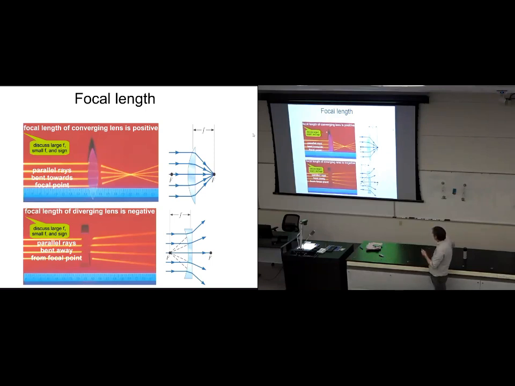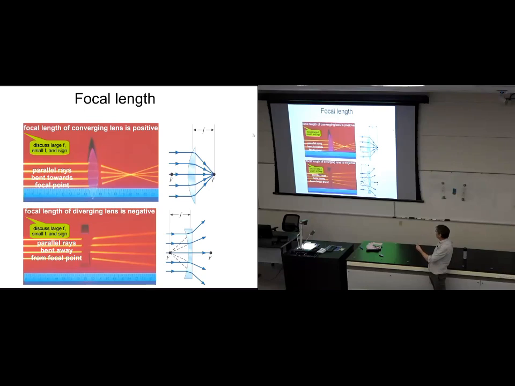Upstairs on this top row is a picture of light rays in yellow here striking a converging lens. Remember, it's thicker in the middle. And that converging lens will converge the light rays, so bend them towards the optical axis. And here you see these rays bend towards the optical axis, and they pass through this common point here.